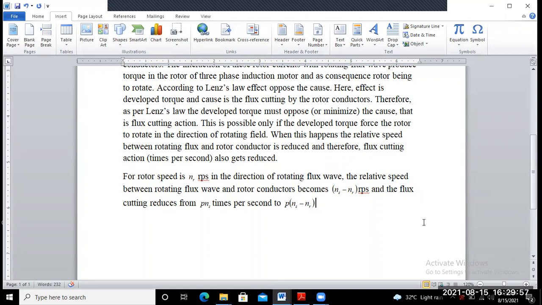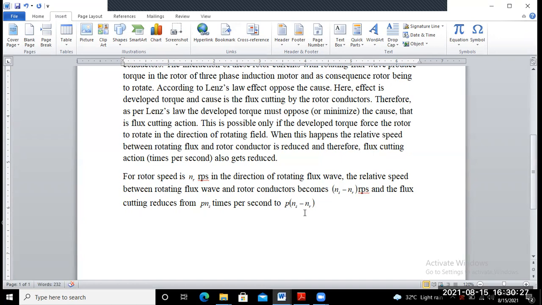Is it not? At the starting point, when the rotor does not start to rotate in the direction of the rotating magnetic field, at that point your flux cutting action was P into ns times per second. But after the rotor starts rotating at a speed nr in the direction of the rotating magnetic field, flux cutting action becomes P into (ns minus nr) times per second.